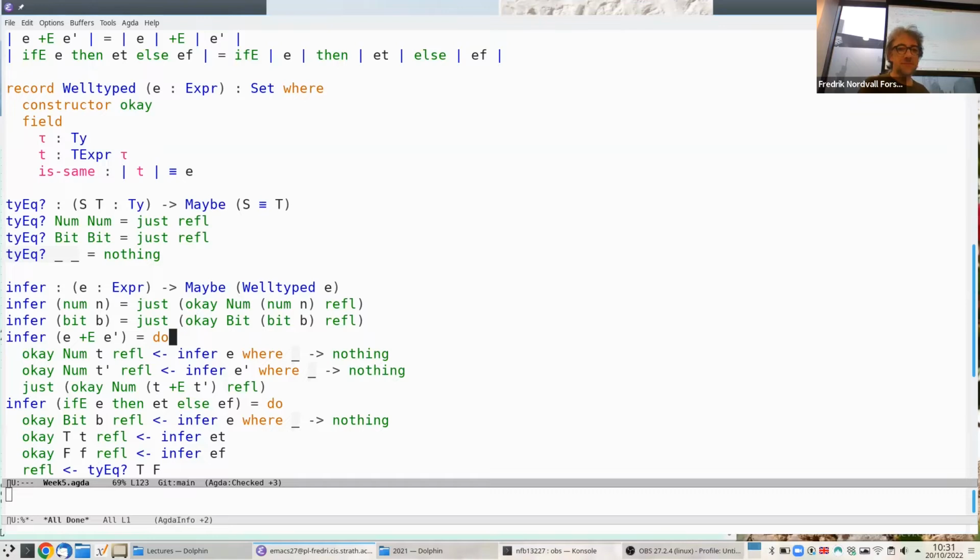We'll say if you do infer, and then the other function, you get back to where you started with adjust. Yeah, because that's what the is same is telling us, that success means this. If we didn't have is same here, then we could just ignore the expression that came in and give back our favorite well-typed term.